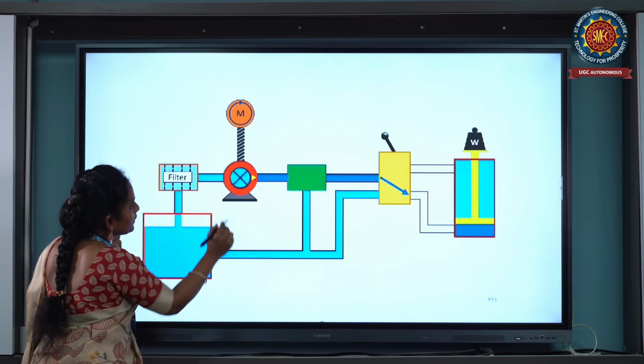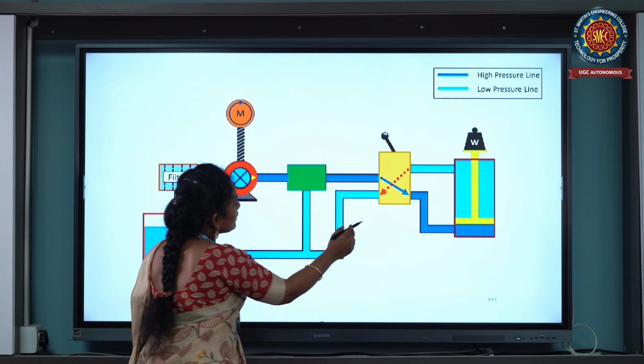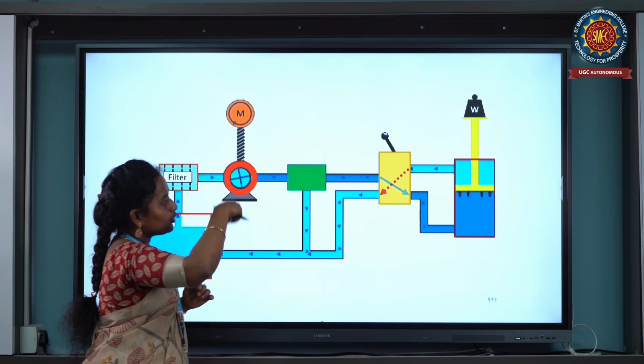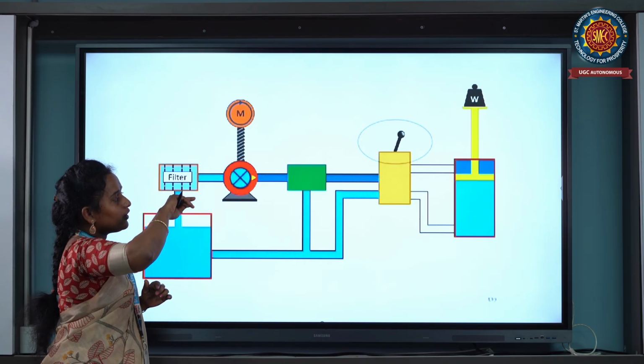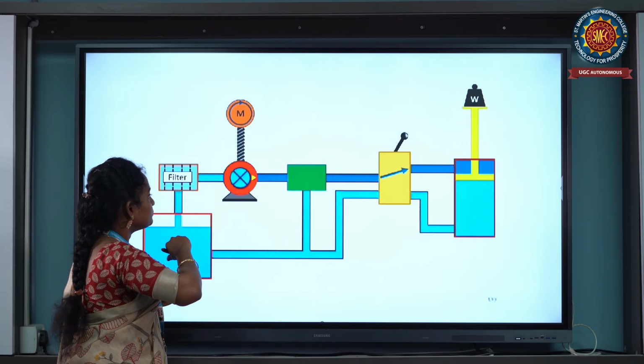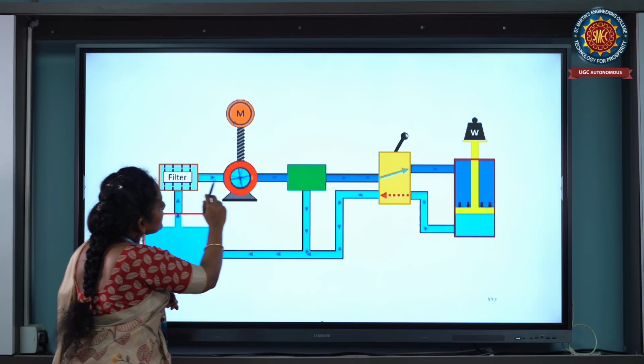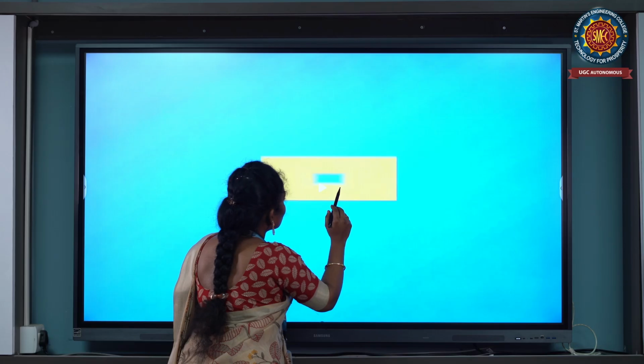Observe clearly here, this is a direction control valve and this is a hydraulic actuator. When the load is removed and open, how is the oil converted? Observe here, high pressure and low pressure. Here the pressure is high. Once observe this, so you get a clear idea.